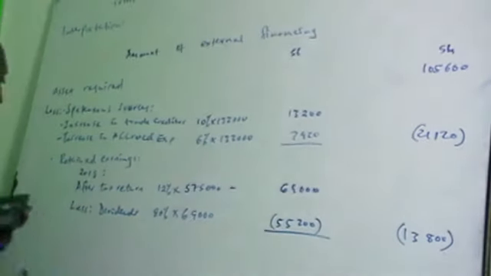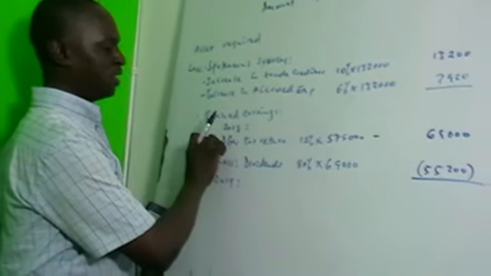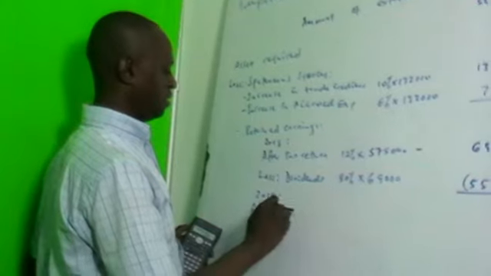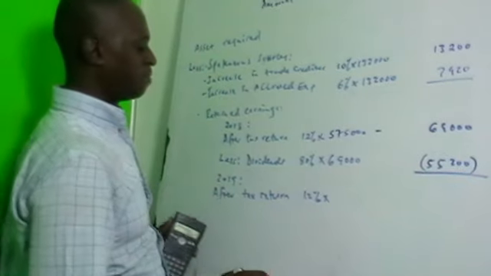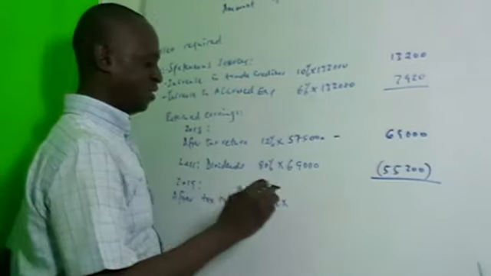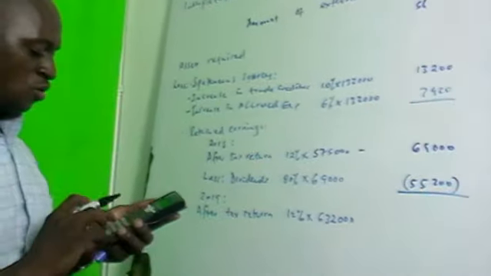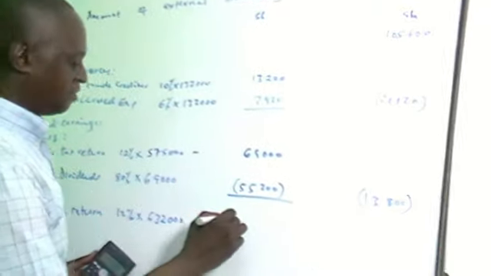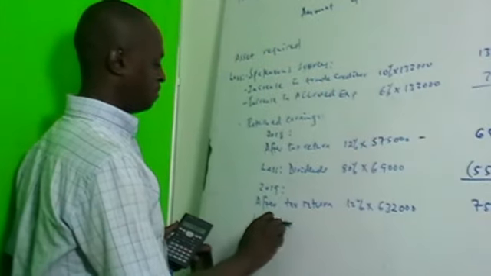So let's do for 2019. We are just going to move in these steps. The first one is that you need to calculate after-tax return. This is 12% times the sales for the year 2019, which were shillings 632,000. So we have 0.12 times 632,000. This is 75,840. Then you say less the dividends.